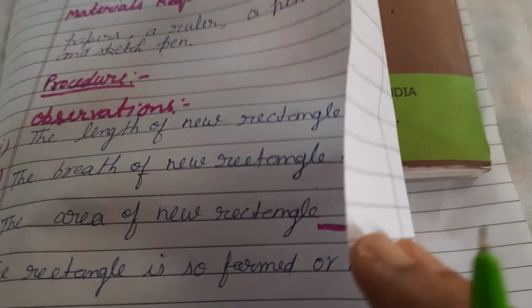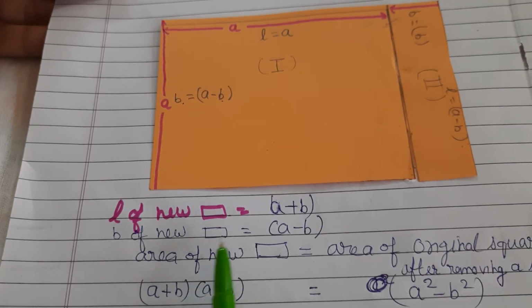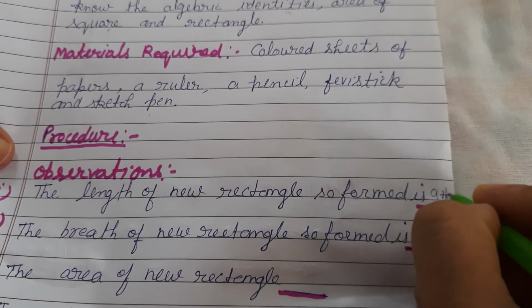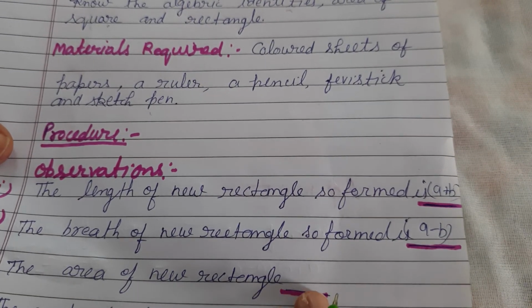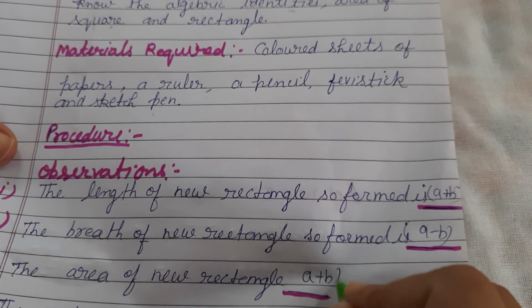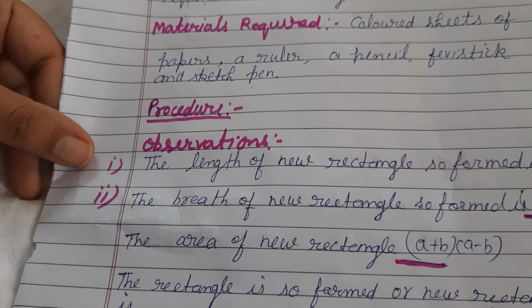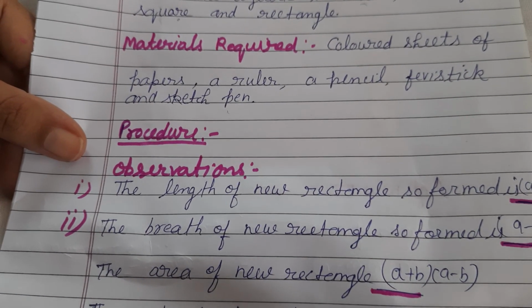The length is A plus B and the breadth of the new rectangle is A minus B. The area of the new rectangle is A plus B into A minus B. Thus A plus B into A minus B is equal to A square minus B square.